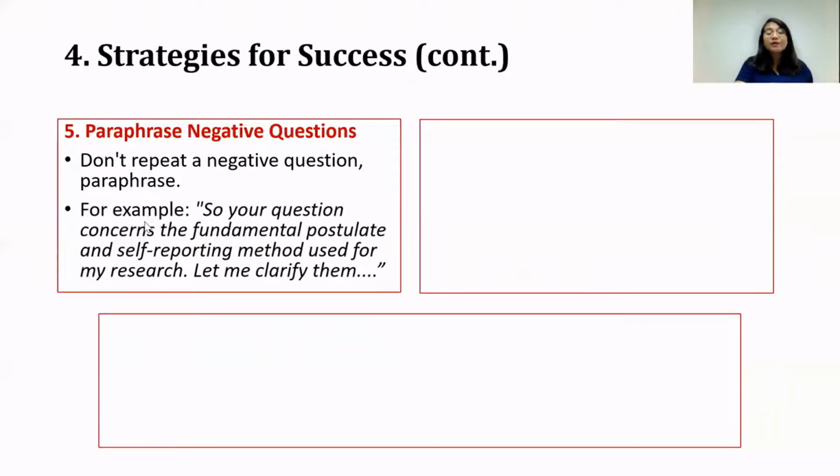For example, of the paraphrasing it, "So your question concerns the fundamental postulate and self-reporting method used for my research. Let me clarify them." So by clarifying, you are actually paraphrasing it or stating the question in different wording.